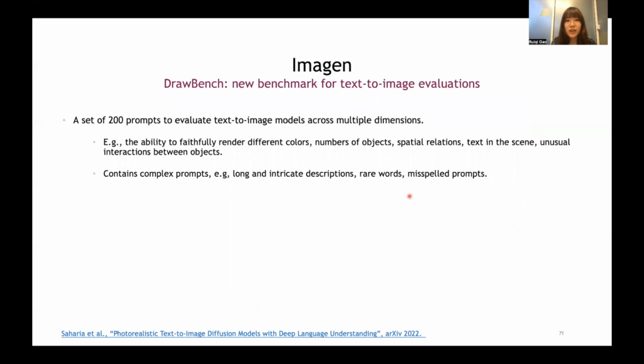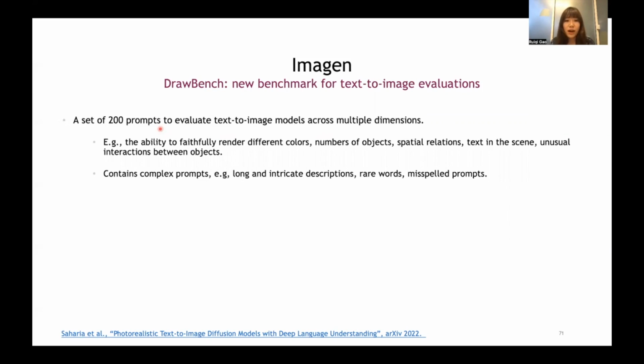Another contribution of Imagen is that they introduce a new benchmark, especially for text-to-image evaluations. The motivation is that for existing datasets, for example COCO, the text prompts are kind of limited and kind of easy. So this benchmark introduces more challenging prompts to evaluate text-to-image models across multiple dimensions.